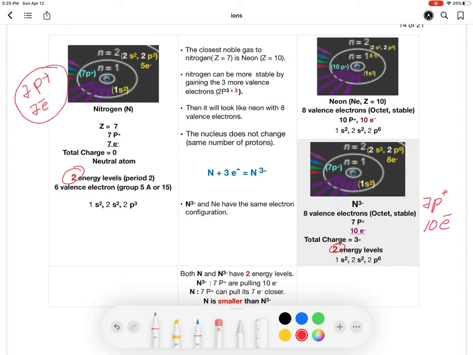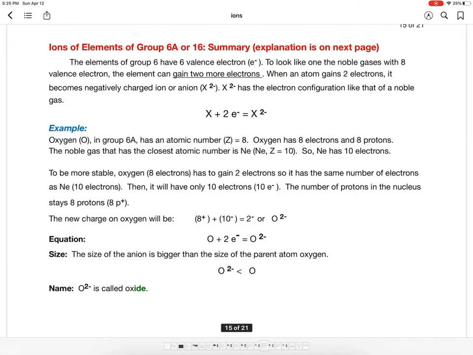So I would say that the nucleus will pull the electrons closer. So the size of nitrogen is bigger than that of the anion. I'm sorry, it's smaller. So the anion is bigger than that of the parent atom.